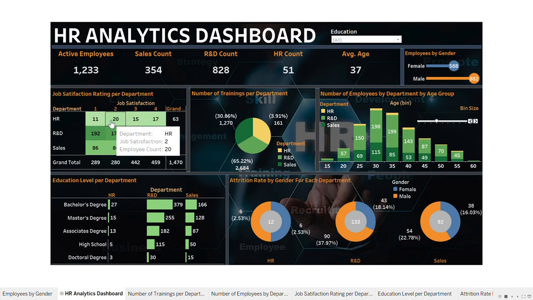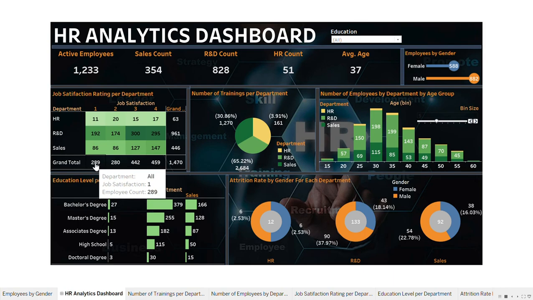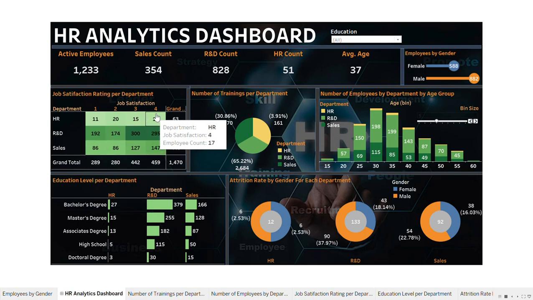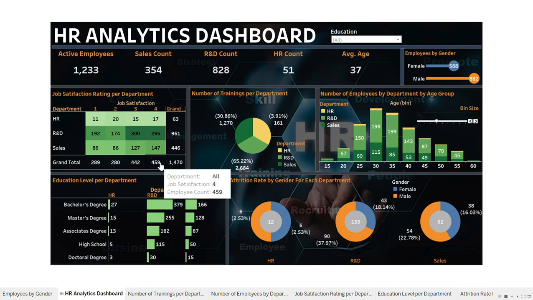Then you find in the sales department, the same thing, in the R&D department, like that. Then it will also give you the total number of people who are saying they are less satisfied, and maybe the total number of people who are saying they are more satisfied.